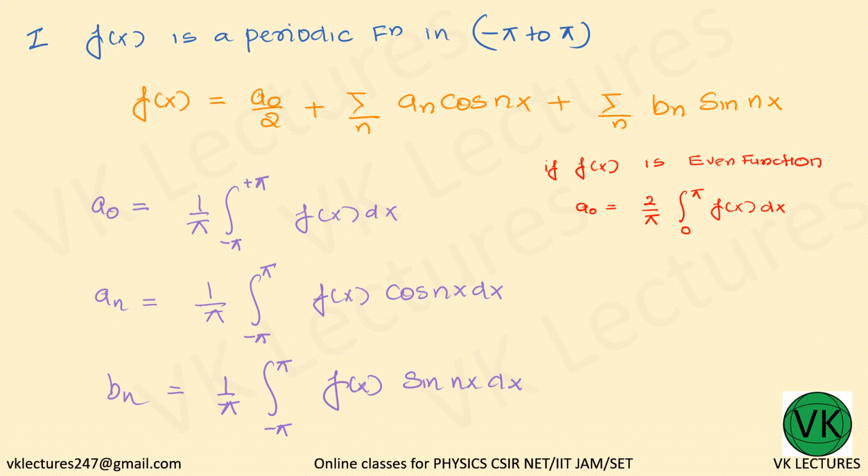Similarly, an can be written as 2 by pi integral 0 to pi of f of x into cos nx dx. And for bn, f of x is an even function and sin x is an odd function. So even into odd is an odd function. So bn, in the even limits, will be 0.